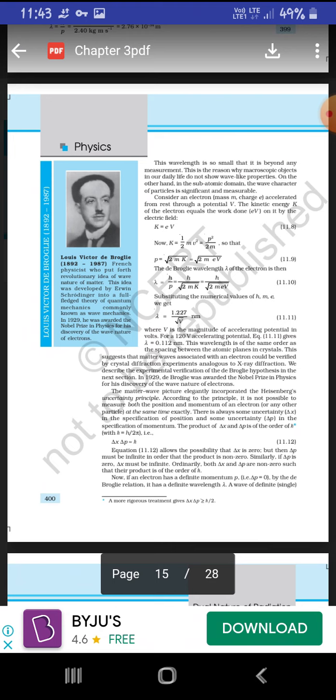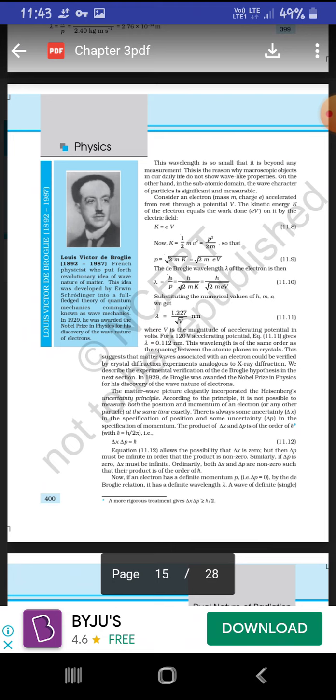Also, the crystal diffraction experiment, analogous to X-ray diffraction, was found, and the matter wave picture elegantly incorporates the Heisenberg uncertainty principle.